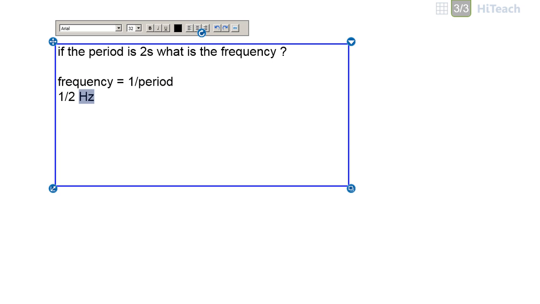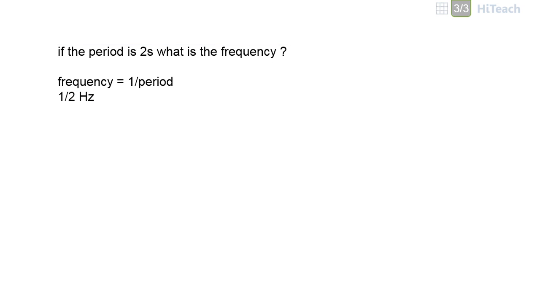For example, in the exam, I put 1 point on the formula, another point for how you apply it, 1 over 2, and the final answer with the unit. Questions like these deserve 3 points. So this is how to find the frequency.